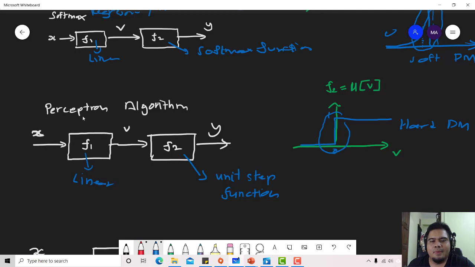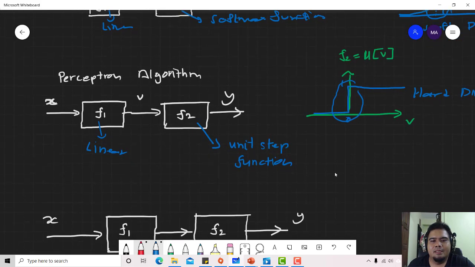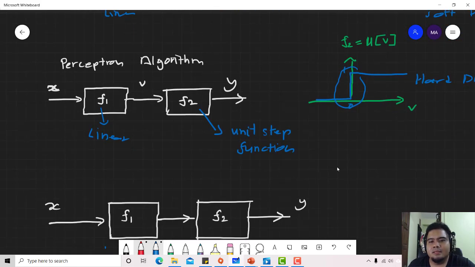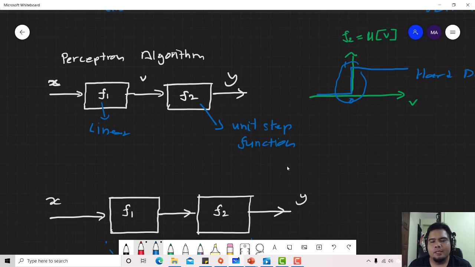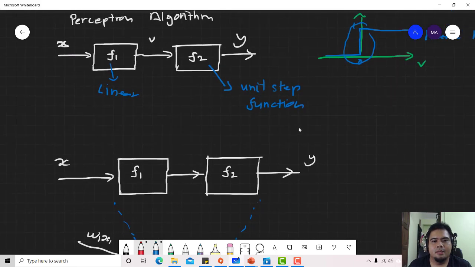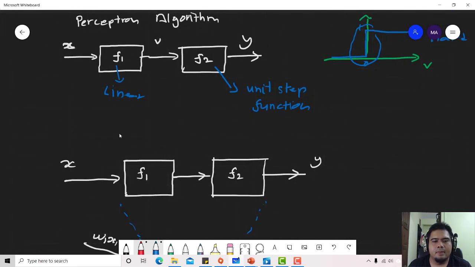So by combining or cascading two functions, it looks like your single neuron. In this whiteboard figure, this is our system. The same system consists of F1 and F2.